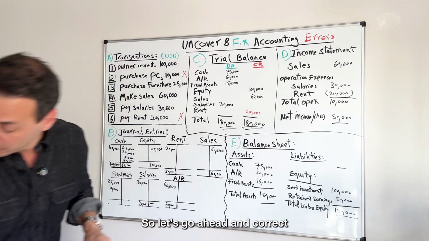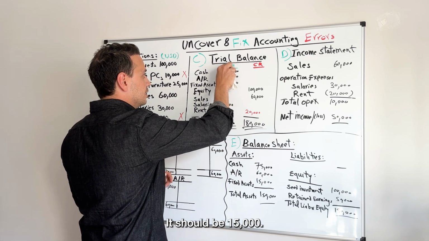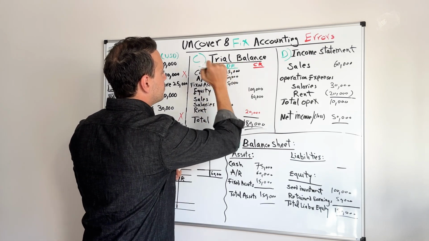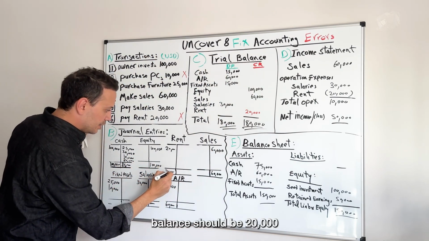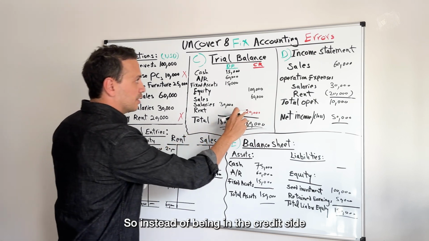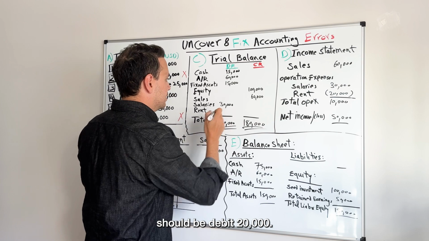So let's correct the cash balance: instead of 75,000, it should be 15,000. And for rent, the balance should be 20,000 on the debit side. So instead of being on the credit side, it should be a debit of 20,000.